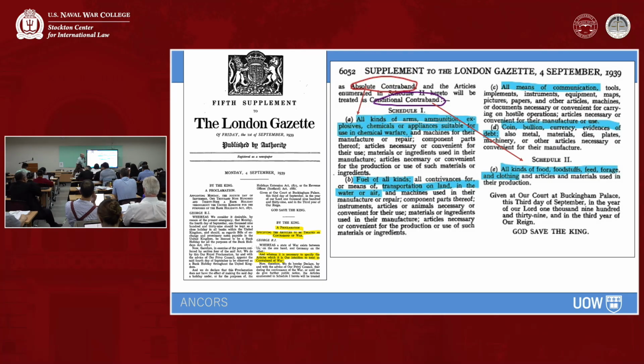Foodstuffs were under the conditional contraband, but absolutely things such as arms, ammunitions, explosives, fuel that was going to power anything at all, communications equipment, and then monies. All of those were placed on the contraband list by the United Kingdom in that circumstance as well.